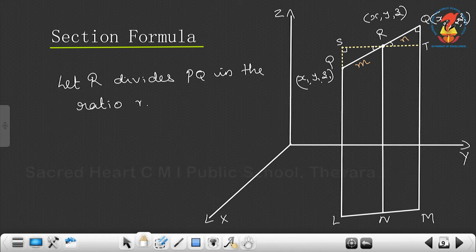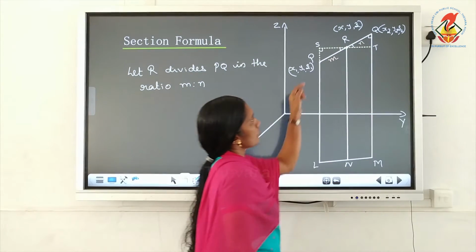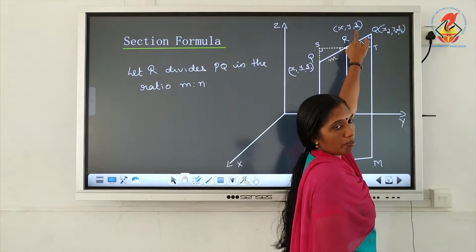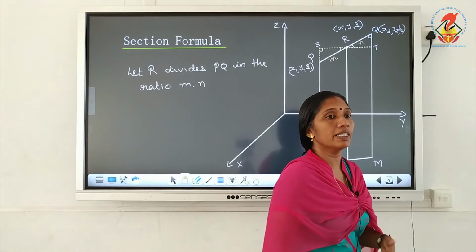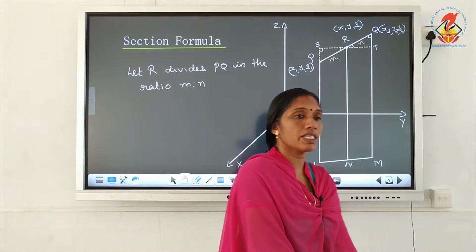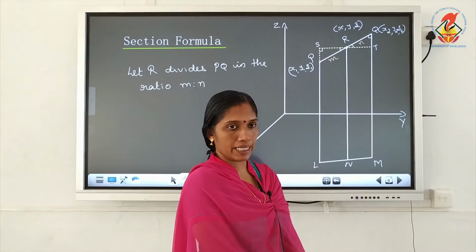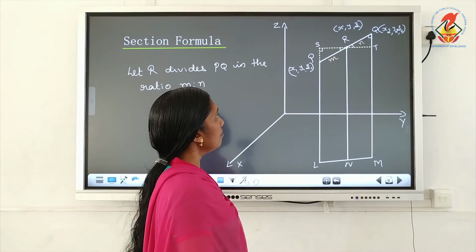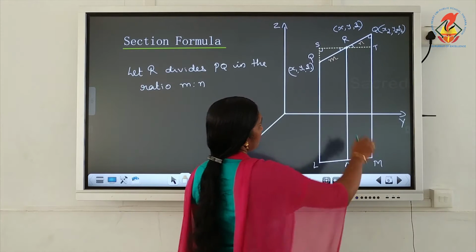What are the coordinates of this R? I took R generally as (x, y, z). So we have to find x, y, z in terms of x1, y1, z1, x2, y2, z2 and m and n. So now the proof, or how to find the formula for that.